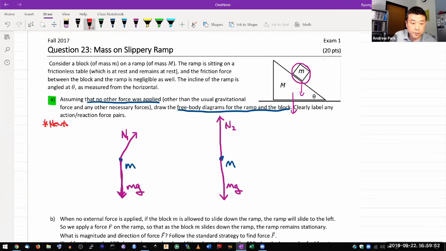I hope from doing homework questions so far, you are not asking, what is the Newton's third law check? That you have to check for the action-reaction force pairs. This is something you always have to worry about whenever you have two or more objects interacting with each other.